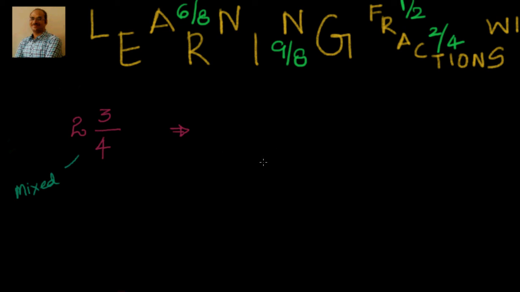What you have to do? Now let us try to understand that. What is the meaning of 2, 3 by 4? Can I say it as 2 plus 3 by 4?